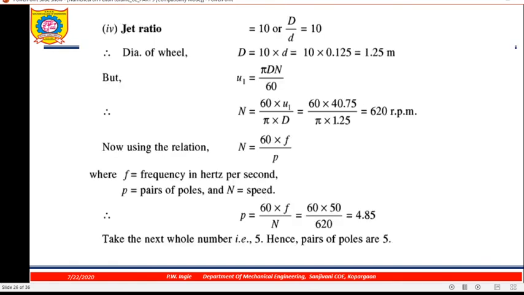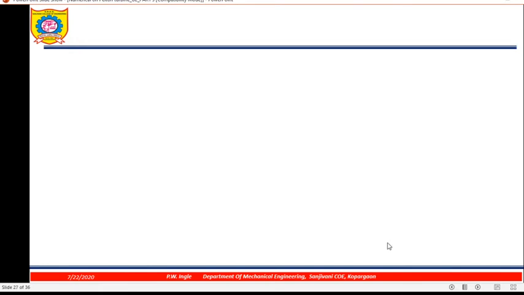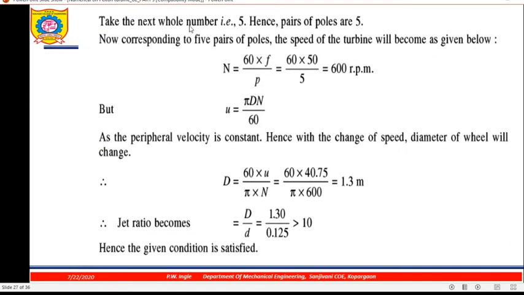D revised. By using the relation N equal to 60 f upon P, you are getting number of poles as 5, so the pairs of poles are 5. Corresponding to 5 pairs of poles, the speed of turbine is 600 rpm. But U is pi d N by 60, so D equals 1.3 meter.